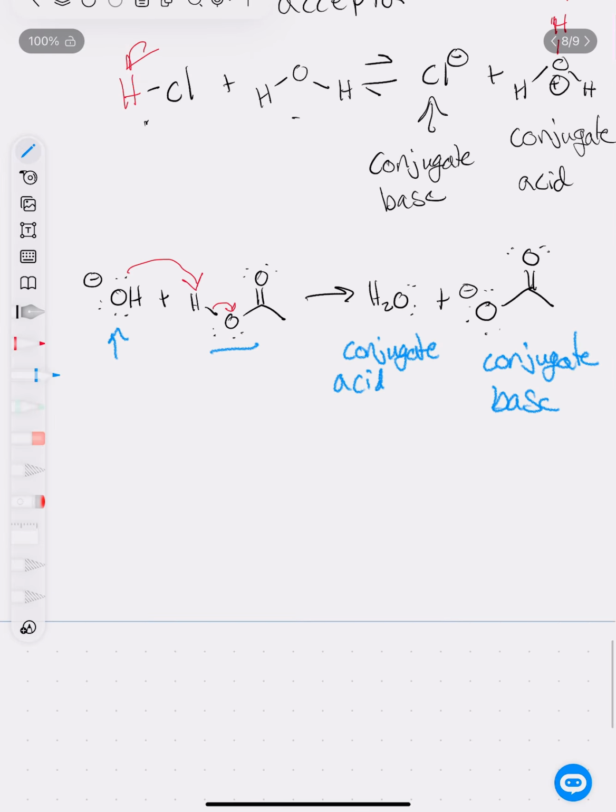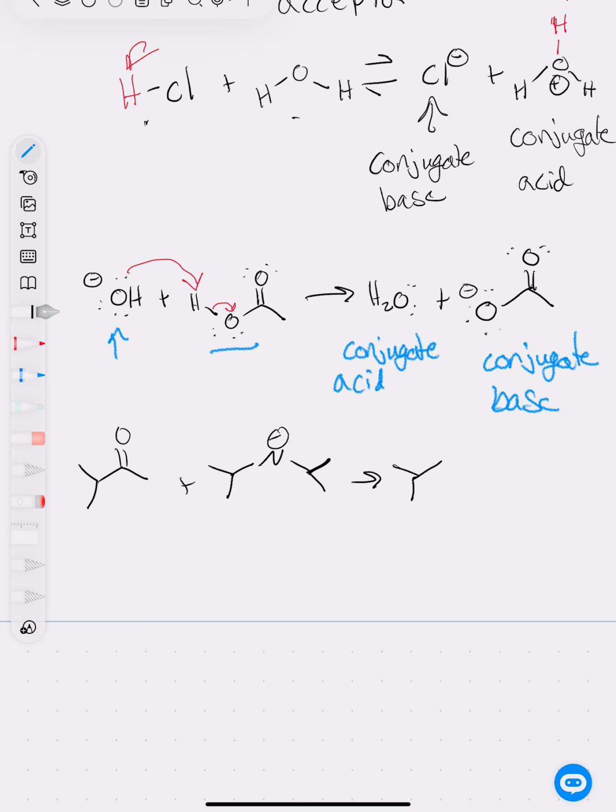So let's do, as our last one, plus yields, a little bit of a bad drawing, plus, right out of room, so we're going to include that down here.